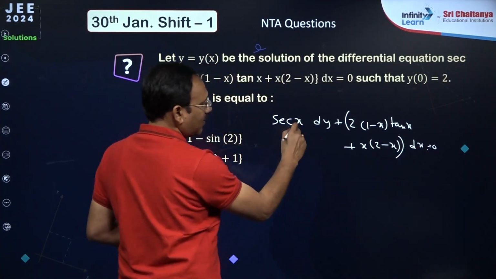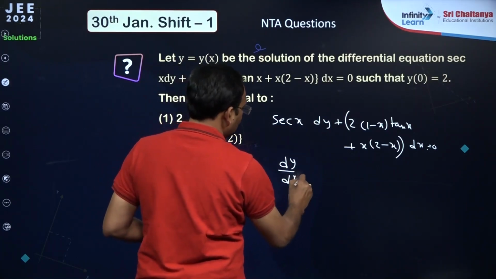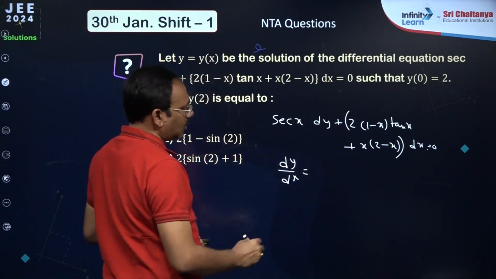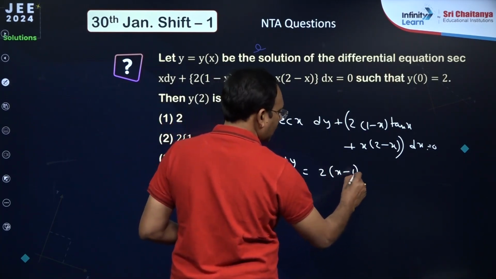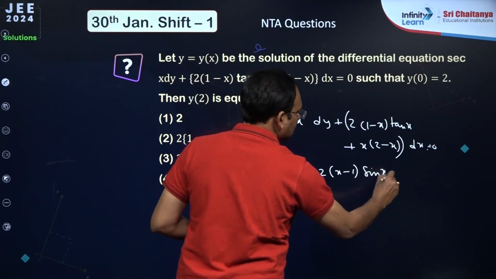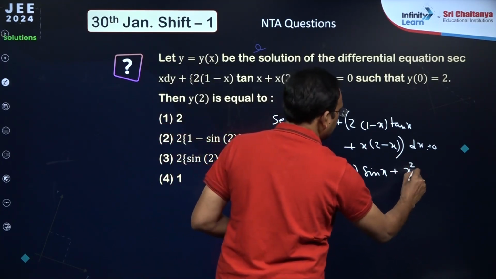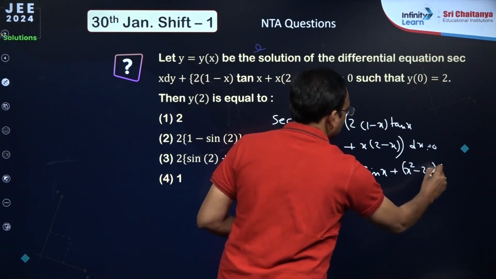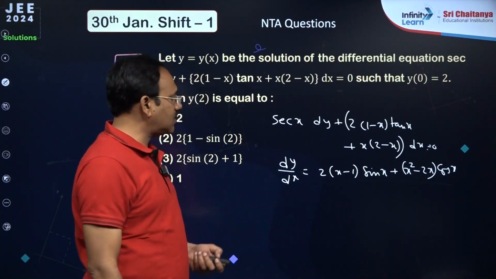You can write, my dear friend, take the terms to that side, dy by dx, multiply with cos x, so that this becomes 2 into x minus 1 into sin x plus x minus 2 into x, that is x square minus 2x into cos x. This is the differential equation you got, my dear friends.